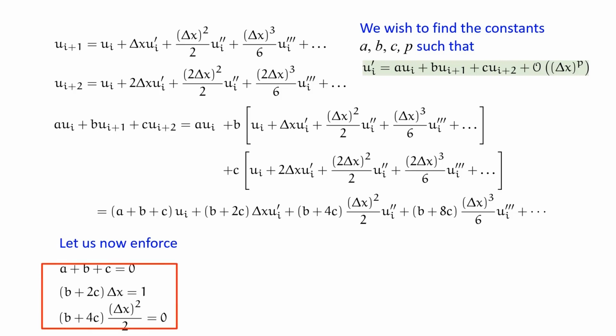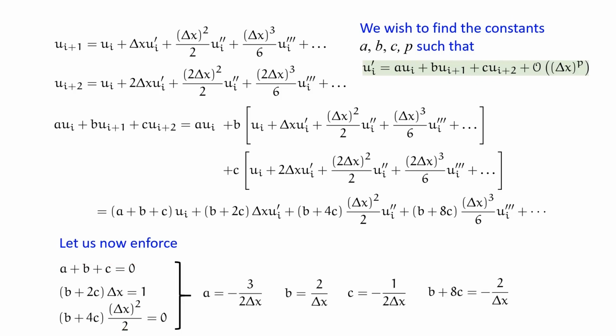If I solve these three equations, I get the values of a, b and c as a equals minus 3 by twice delta x, b equals 2 by delta x, and c equals minus 1 by twice delta x. Although it is not absolutely necessary, we can check b plus 8c, that is minus 2 by delta x. Why we are taking b plus 8c will be clear very soon.